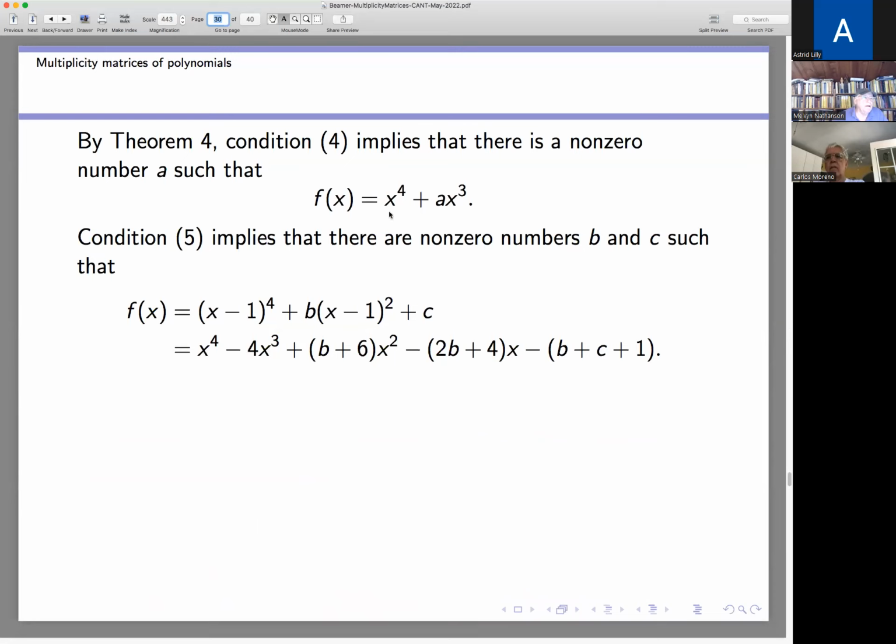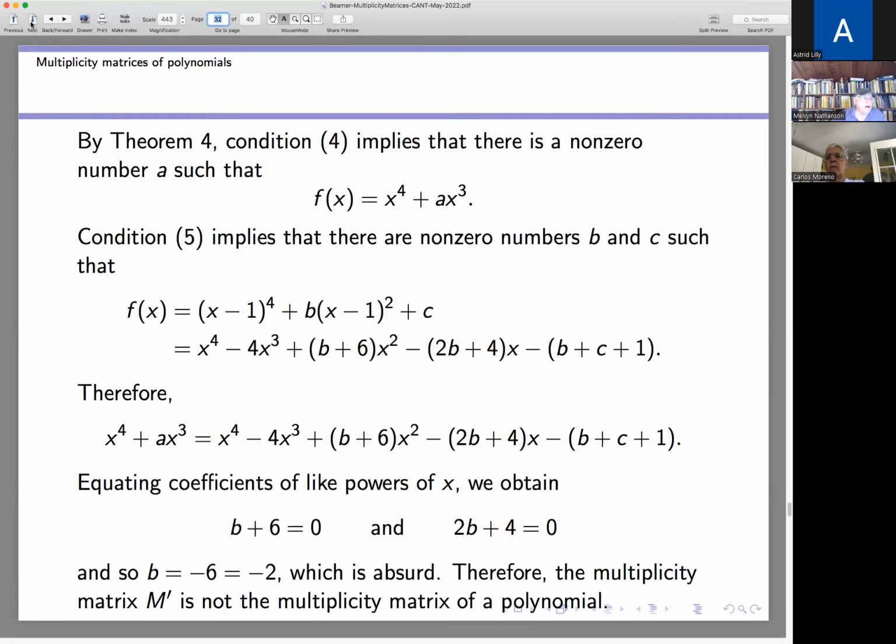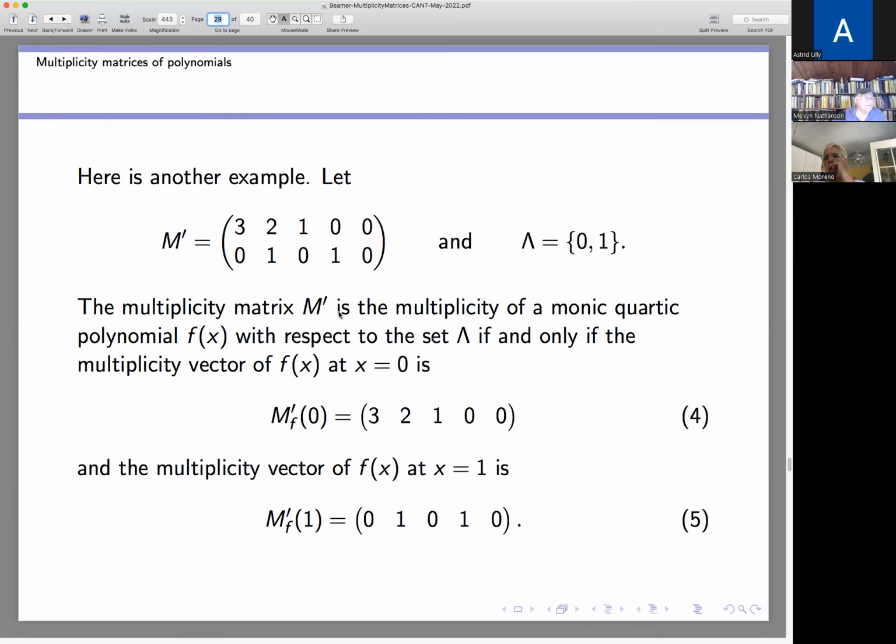And again, this is the Taylor series at 0. This is the Taylor series at 1. You equate coefficients and you solve. And what you get is that -6 equals -2, which tells us that this multiplicity matrix is a perfectly legitimate multiplicity matrix, but it's not the multiplicity matrix of a polynomial.